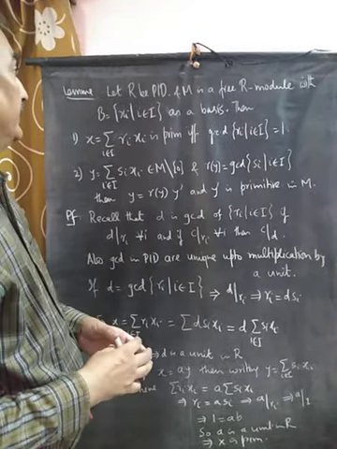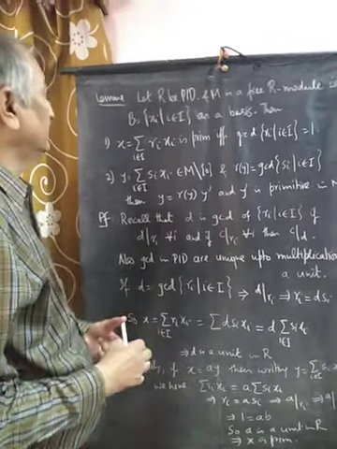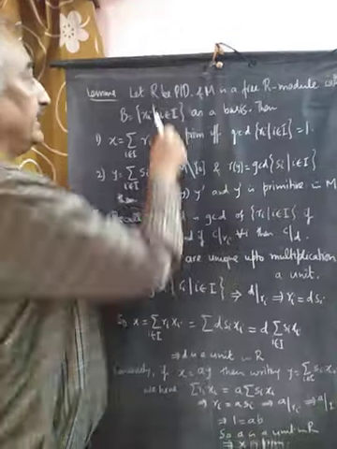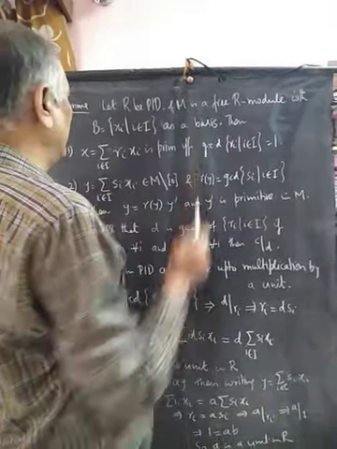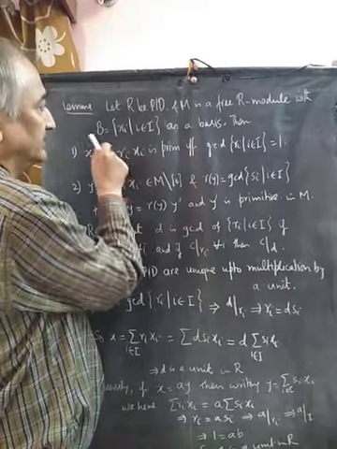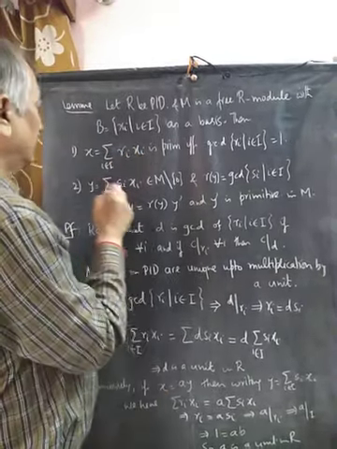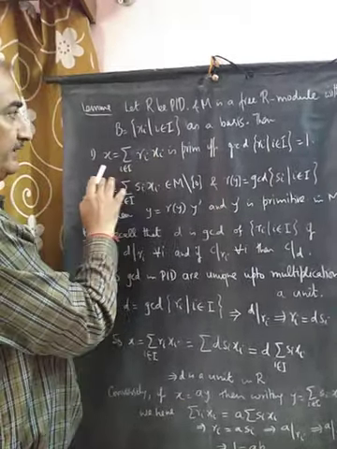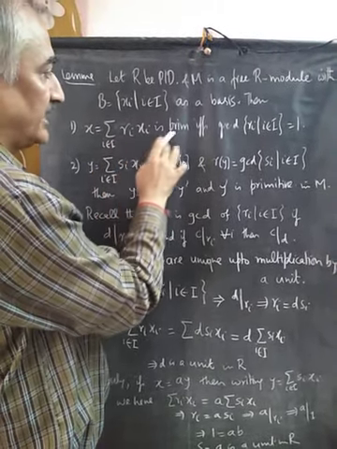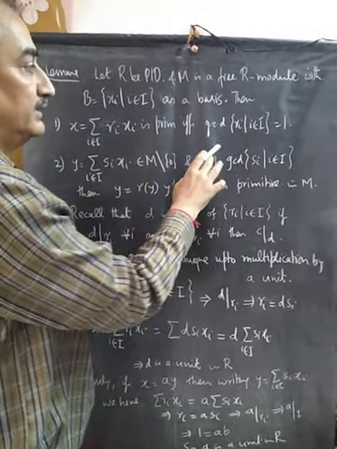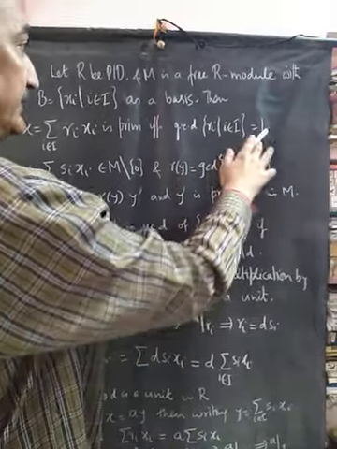Now we shall be doing this lemma, which says that if the ring R is a principal ideal domain and M is a free R module with x_i as a basis, then two things. One, x equal to summation r_i x_i is primitive if and only if the GCD of all r_i's is 1.